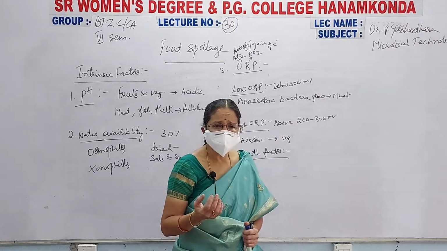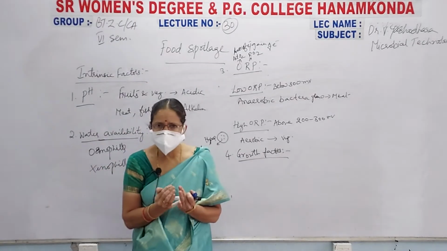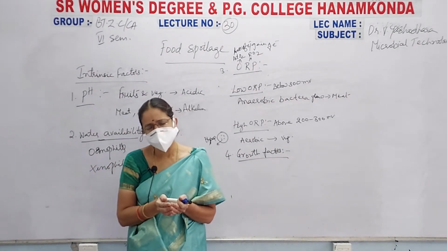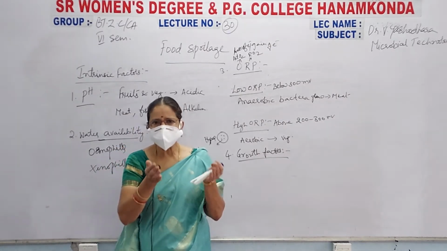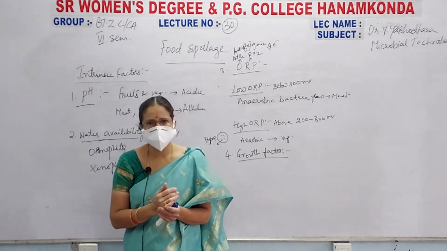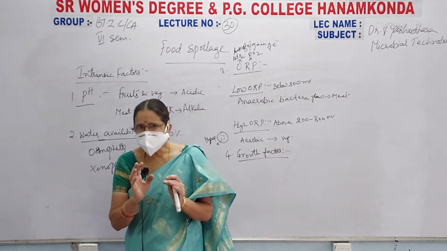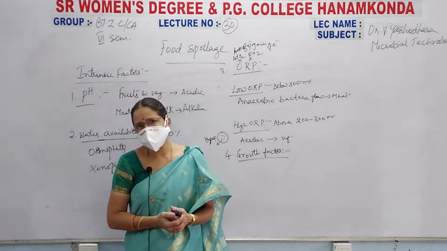If growth factors are there in the vegetable or in any food, it may be a vegetarian food or a non-vegetarian food, and those growth factors are used up by the cells, that means they are not freely available. If they are present, they are used for the metabolic activities.